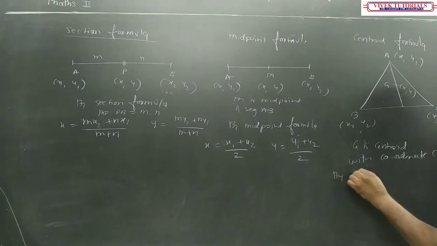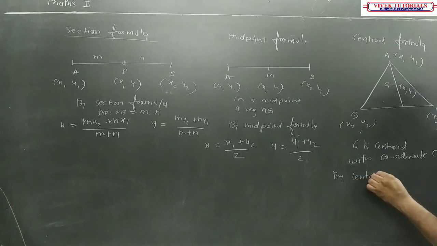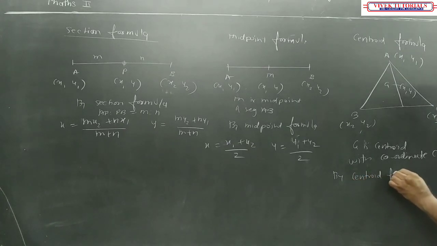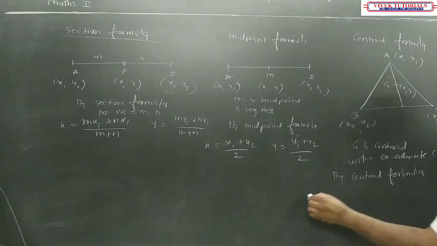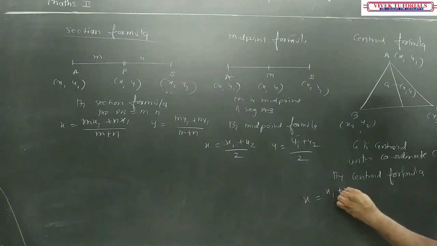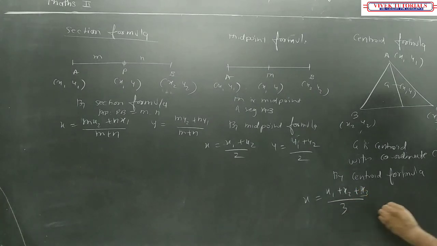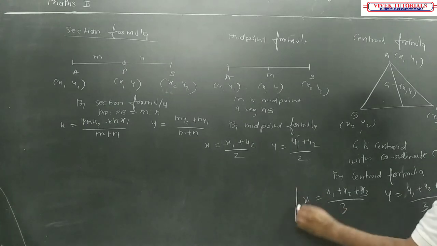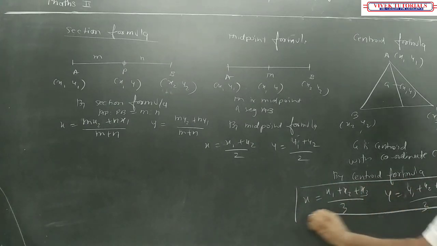Then by the centroid formula, x is equal to x1 plus x2 plus x3 upon 3, and y is equal to y1 plus y2 plus y3 upon 3. This is the centroid formula.